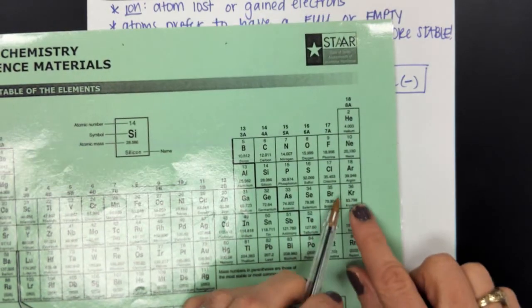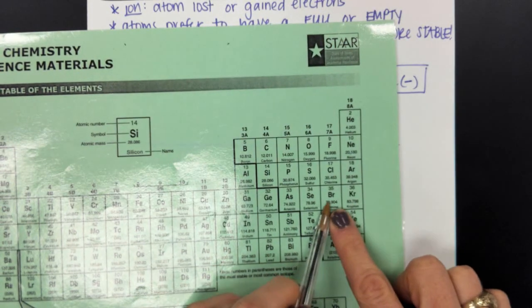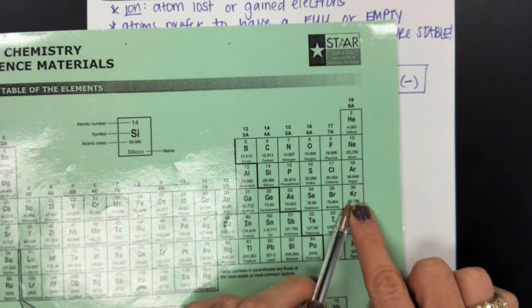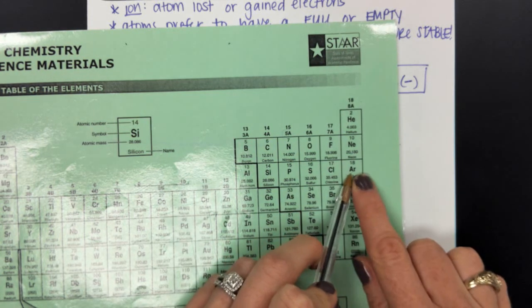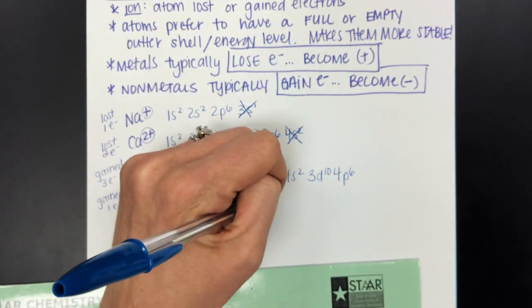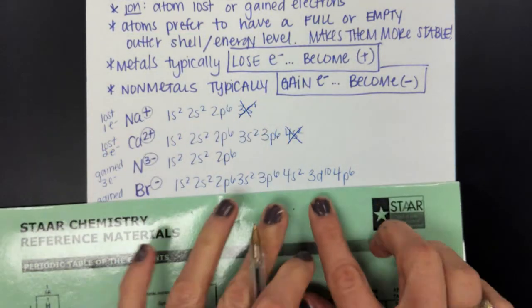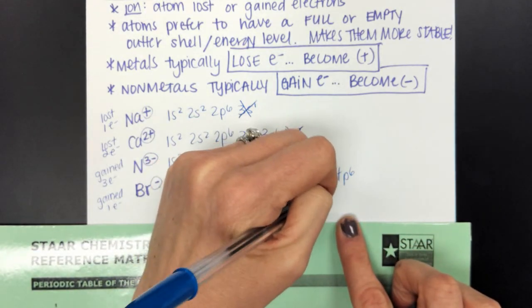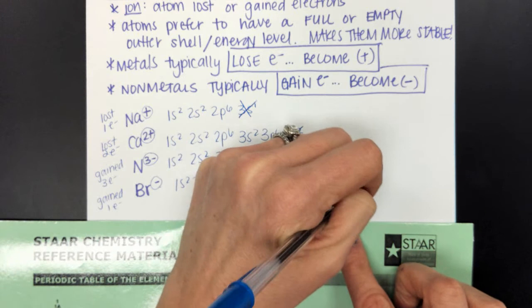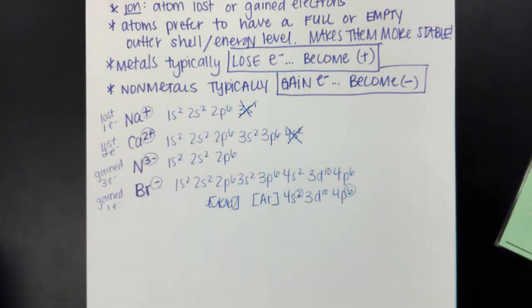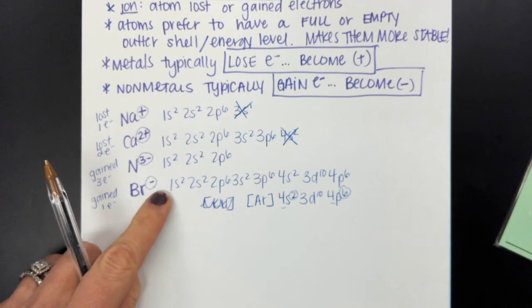So the noble gas configuration for either a bromine ion that looks like krypton or an actual krypton electron configuration, you have to give argon as your noble gas and then write that valence shell. So argon, 4s2, 3d10, 4p6. Okay, and there's your 8 valence electrons from your 4th energy level, just like bromine wanted when he gained that electron.